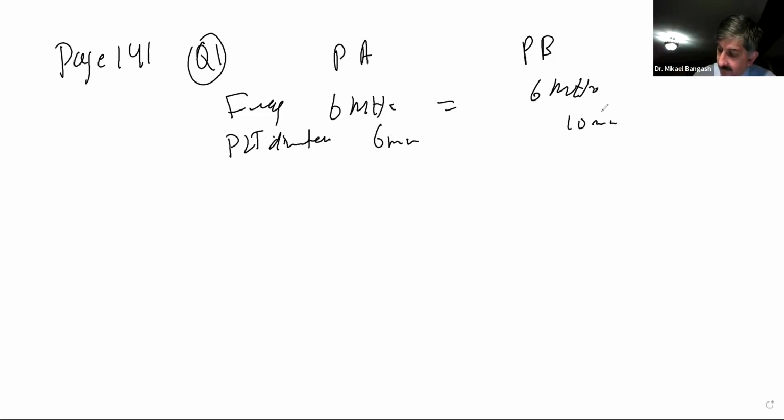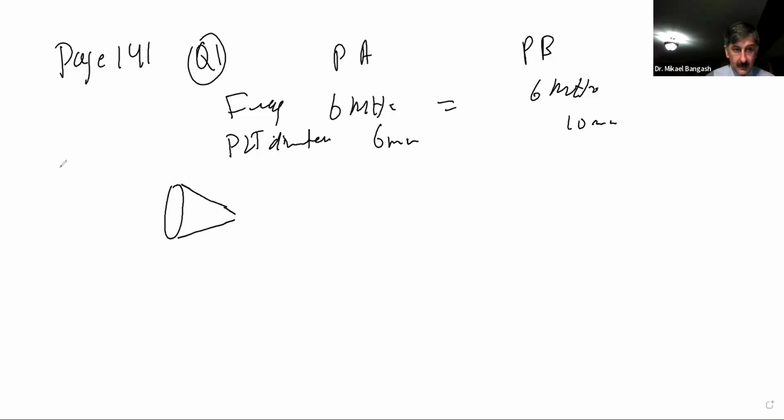Now, which beam will be more compact in the far field? Here they mainly play a little around with the words. But let's just say, what do we mean by a more compact beam in the far field?